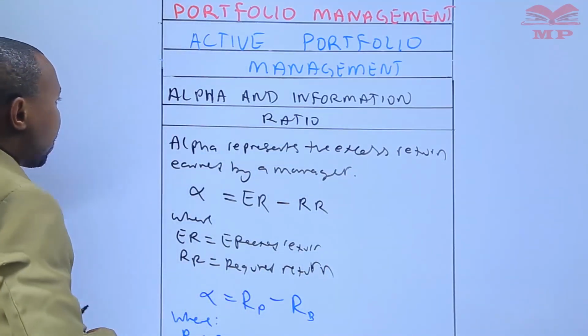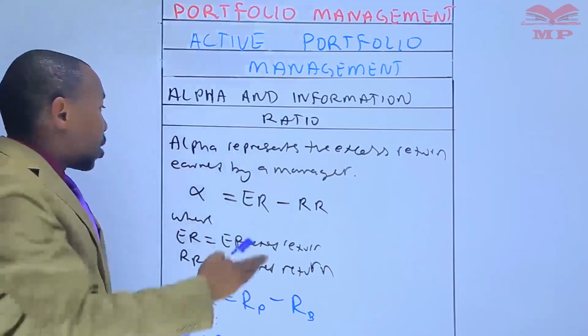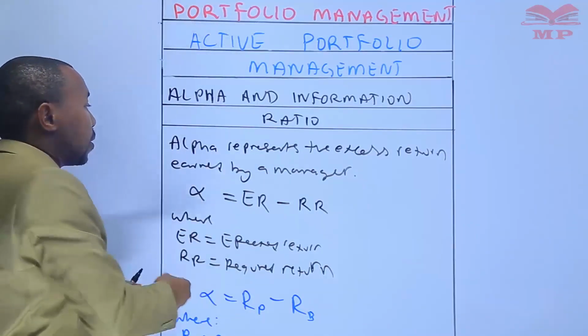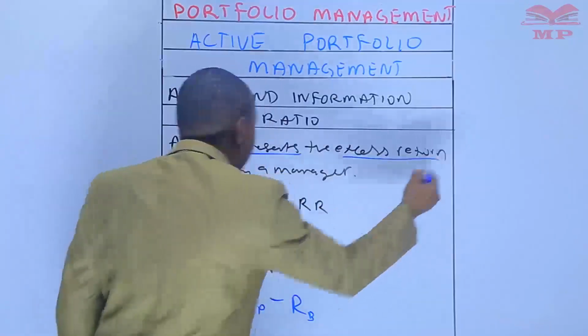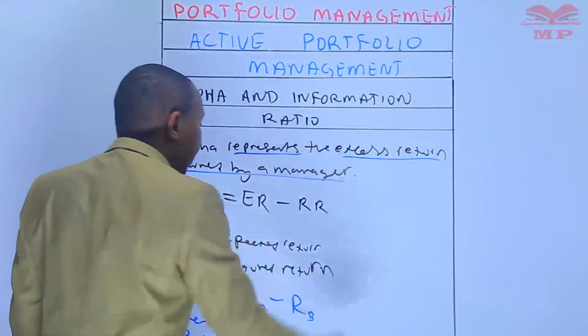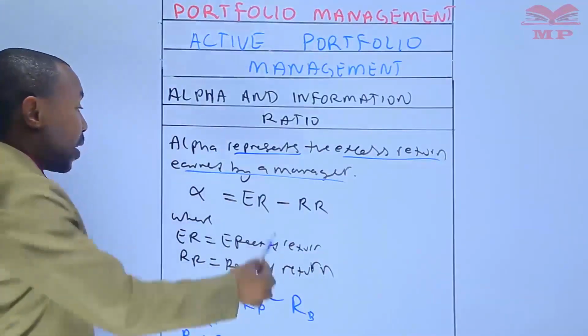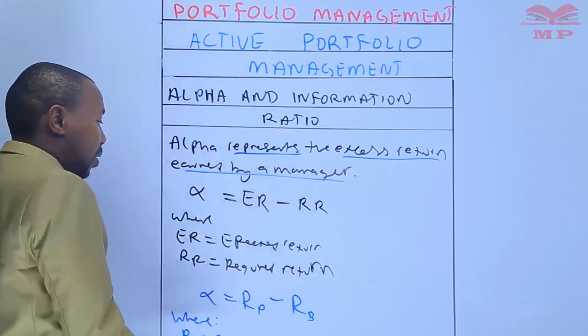So we have just very briefly talked about what alpha is. It represents excess return earned by a manager. So alpha can be the expected return minus the required return.